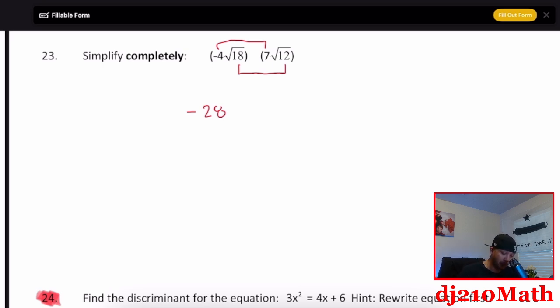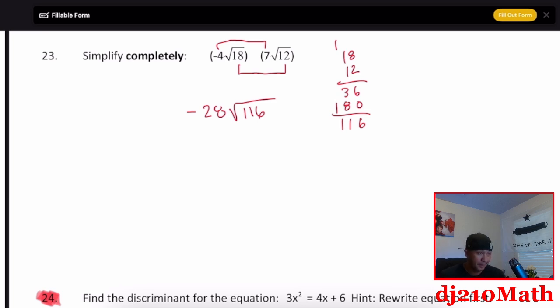So 18 times 12, I'll have a calculator. So this would be 16,381,116. Root 116. Pretty much the answer.